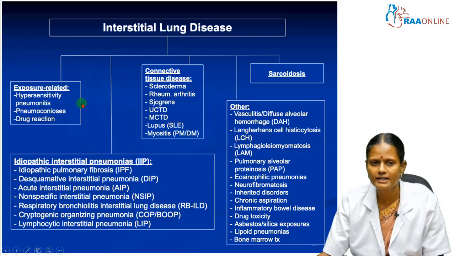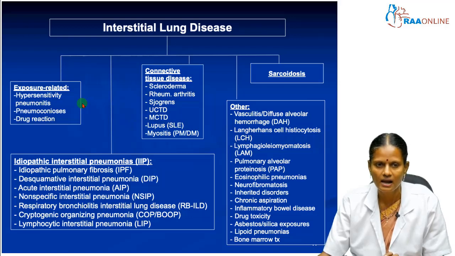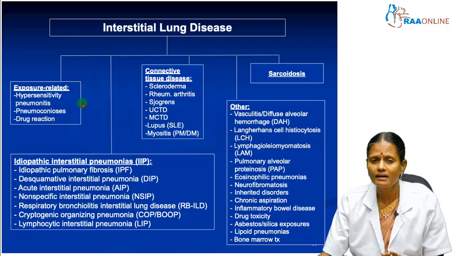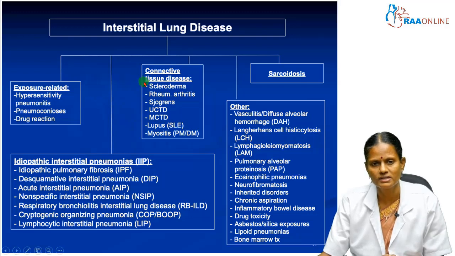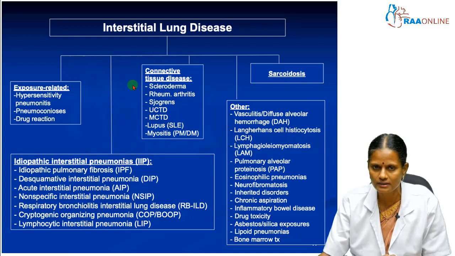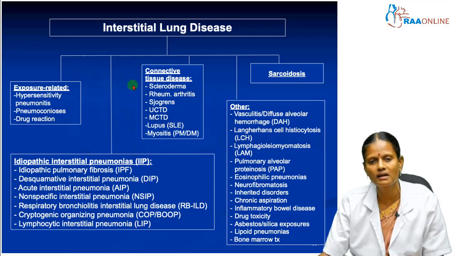Then comes the exposure related, which can be pneumoconiosis, where there is exposure to mineral dusts, hypersensitivity pneumonitis, which is exposure to organic dusts, and drug induced or radiation induced. Next comes the connective tissue diseases, the commonest being rheumatoid arthritis, Sjogren's syndrome, scleroderma, mixed connective tissue disease as well as lupus erythematosus.